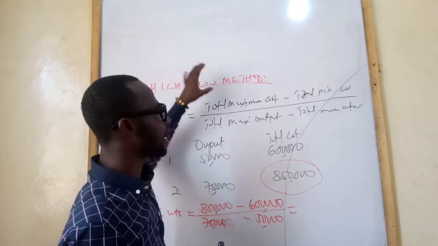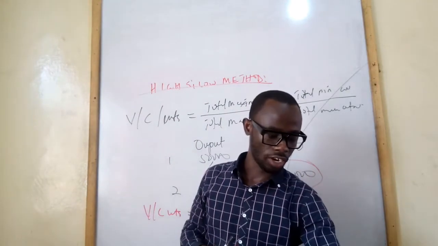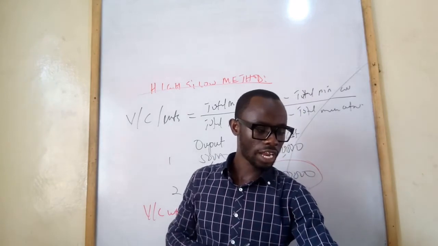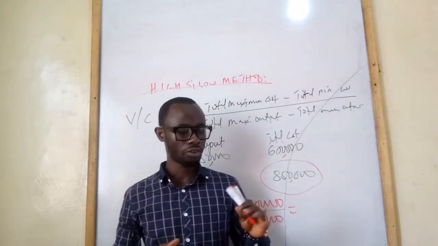When we do the arithmetic, that gives us the variable cost per unit. So we use the high and low method to separate the cost between fixed cost and variable cost.